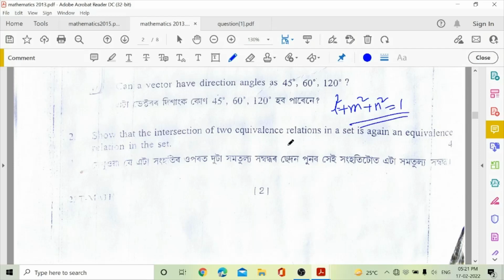They are direction angles, so we'll try to find the direction cosines: cos of 45 degree, cos of 60 degree, and cos of 120 degree.